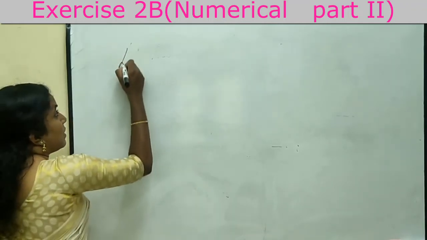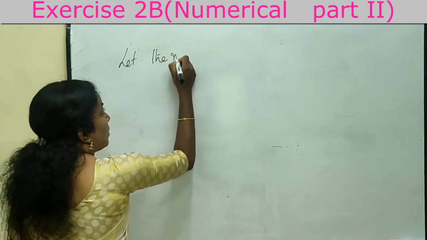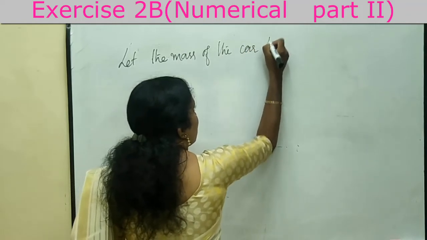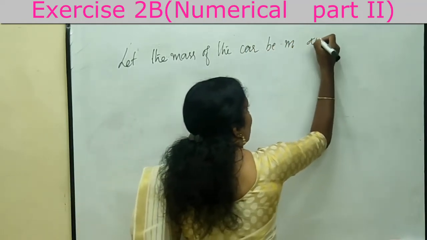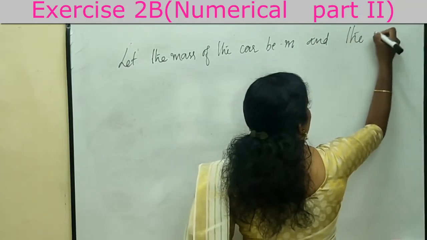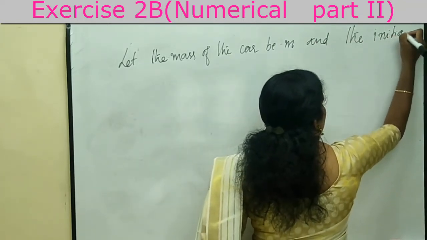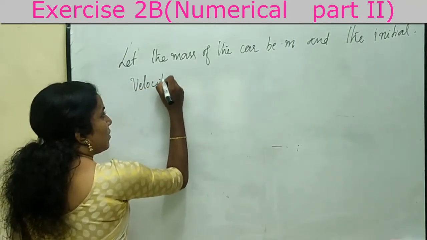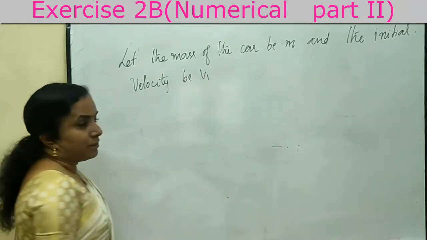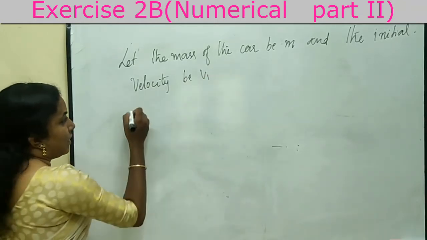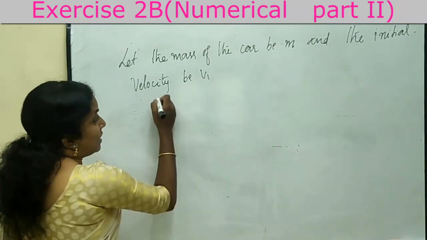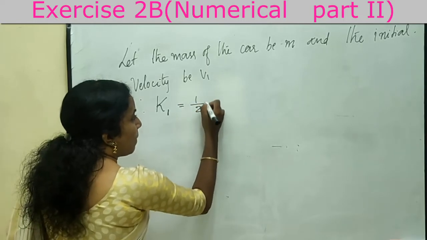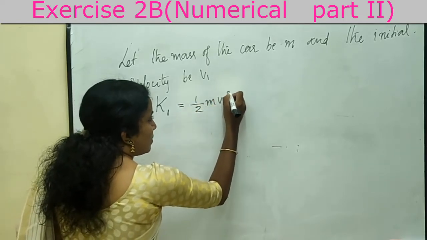Let the mass of the car be m and the initial velocity be v1. Therefore, the kinetic energy, that is the initial kinetic energy K1 is equal to half m v1 square.